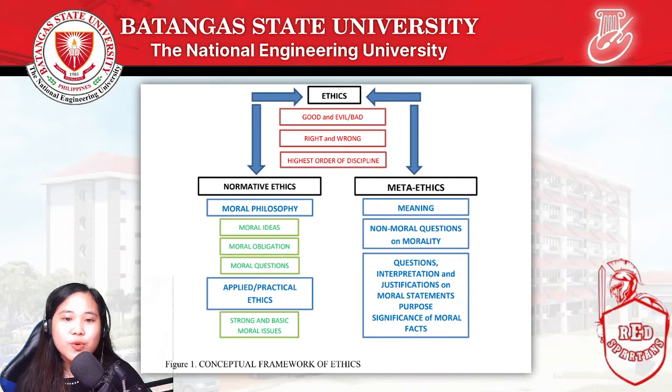Okay. So, sa madaling salita, kapag differentiate natin ang dalawa, normative versus meta-ethics. It means, kapag normative ethics, it has moral ideas, moral obligation, and moral questions. While meta-ethics, it doesn't have moral questions. It has non-moral questions.